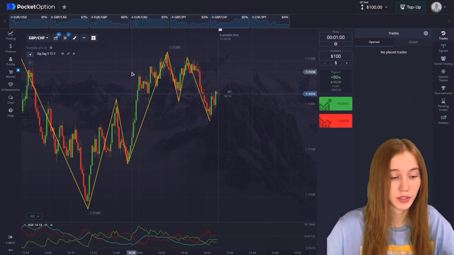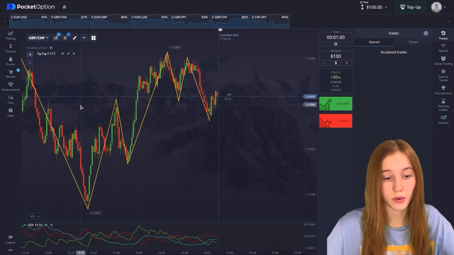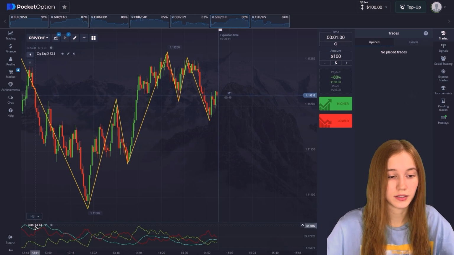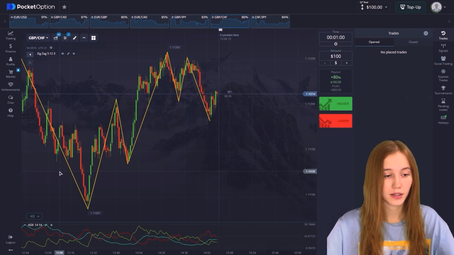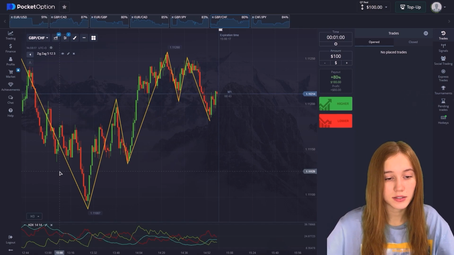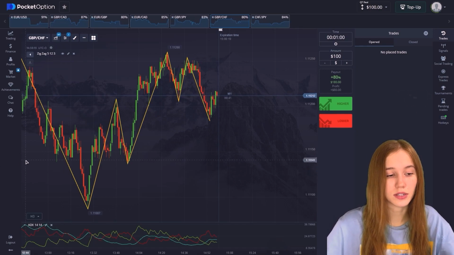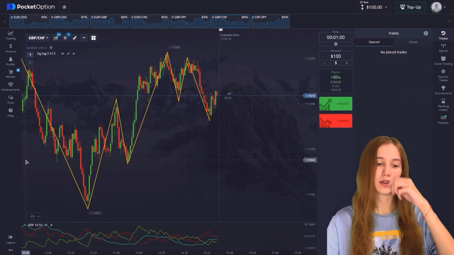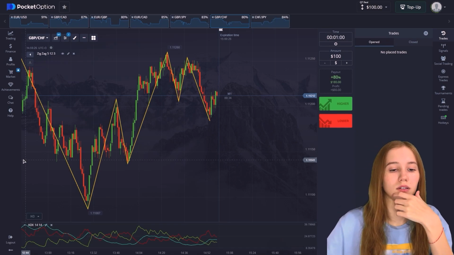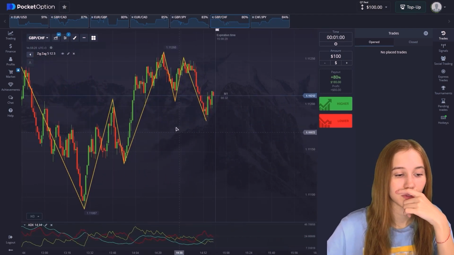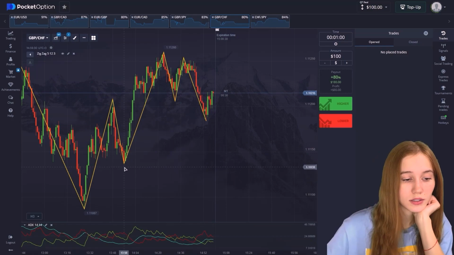Let's see, we will use our analysis and 2 indicators, the Zigzag and ADX. Let me tell you a little about these indicators. I'll tell you the theory and then I'll show you it in practice. I'll start with the first indicator.